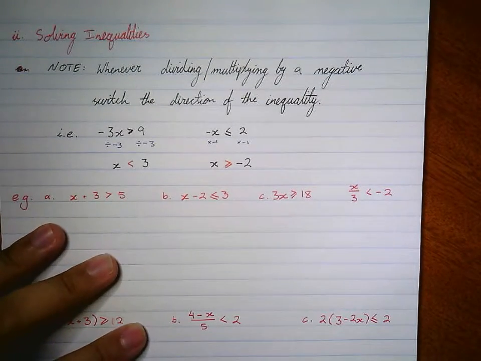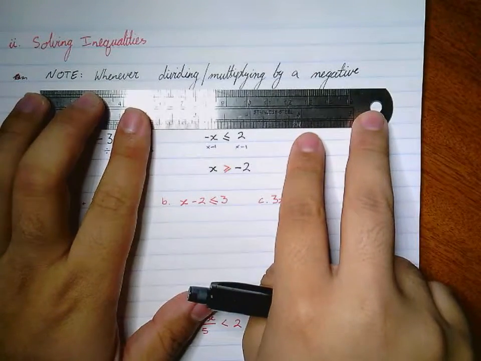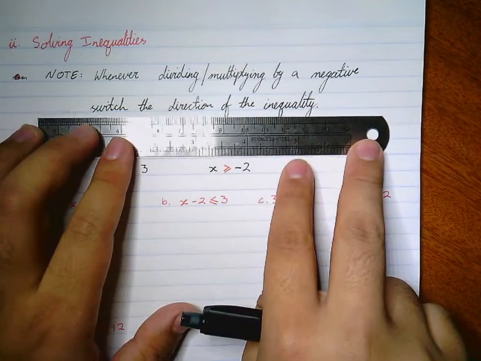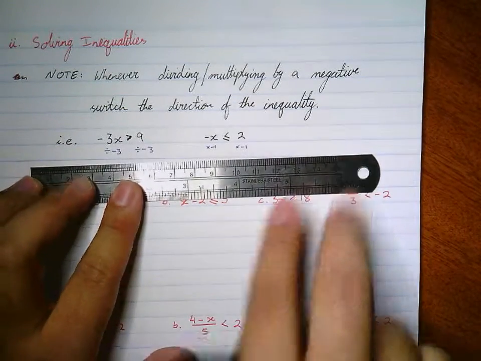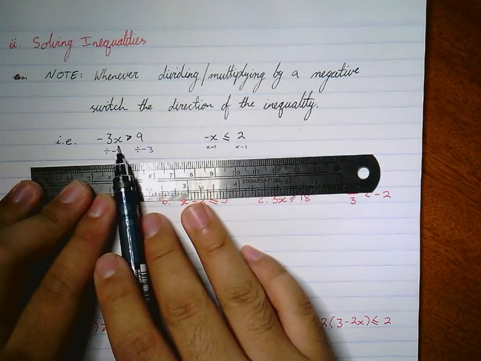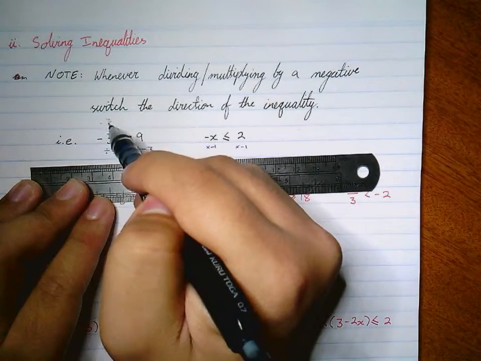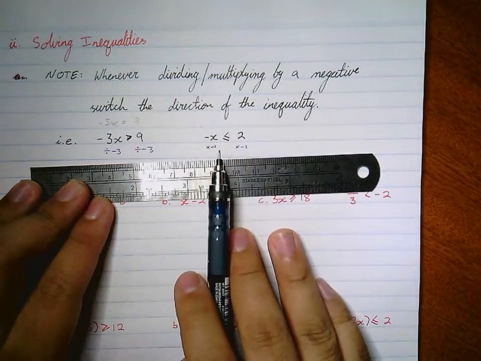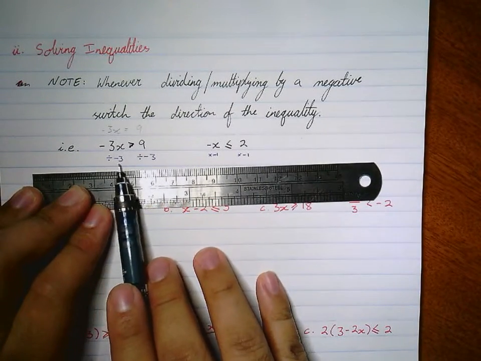Now, the first thing we have to know is that whenever dividing or multiplying by a negative, switch the direction of the inequality. Let's take a look at this example. Normally, if we had -3x equals 9, to solve this we would divide by -3.